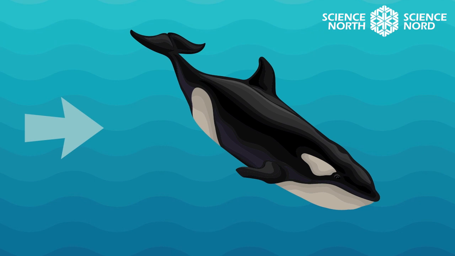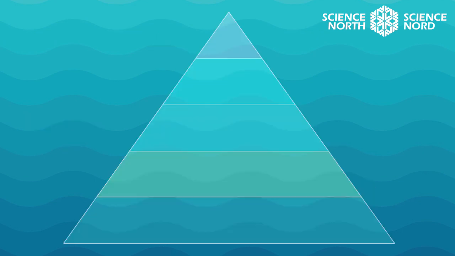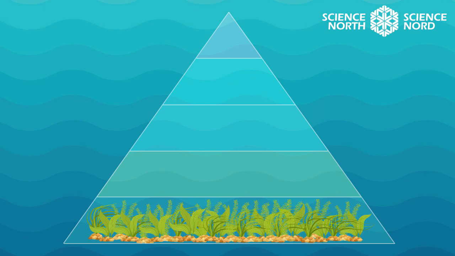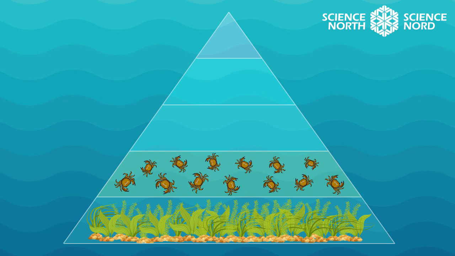Now, the food chain also shows the flow of energy in the form of a pyramid. At the bottom of this pyramid, we have the producers. As organisms eat other organisms, the energy is transferred and moves up the pyramid. However, only 10% of the total energy is transferred from one organism to the next, because the rest is used by the organism to grow, to move, to work, to produce waste, and even to produce heat.